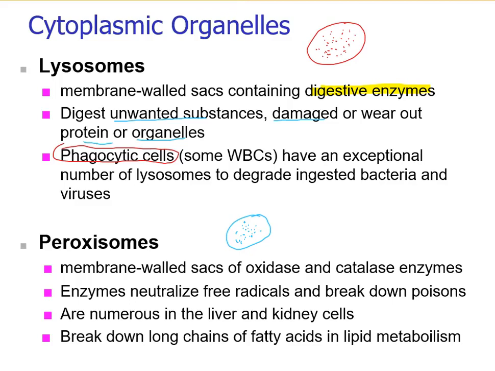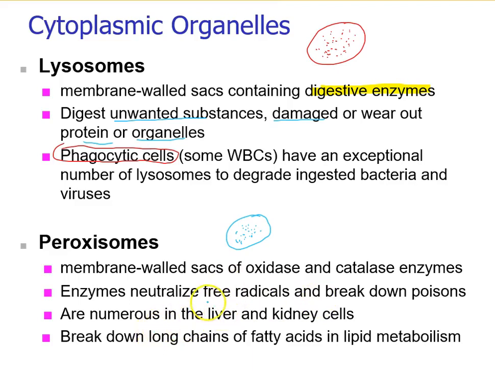The enzymes inside of peroxisome are called oxidase and catalase, which are responsible for neutralizing free radicals and breaking down harmful substances, poisons, or toxins. So they are very similar to each other, but their enzyme components and also their functions are different.